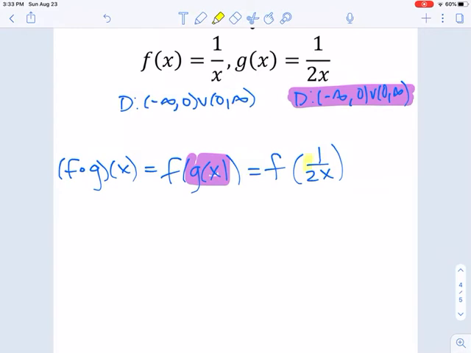All right, so we have f of 1 over 2x, which means we are taking 1 over 2x and plugging it in anywhere that there is an x for our function f. So f is 1 over x, so this is going to become 1 over 1 over 2x.